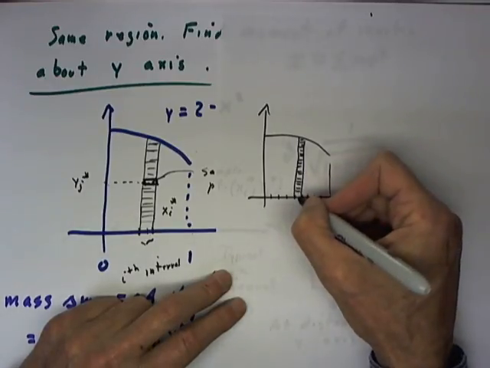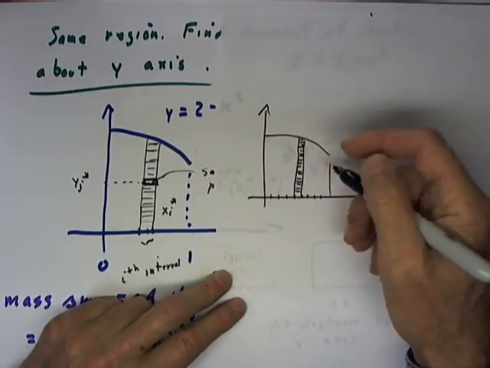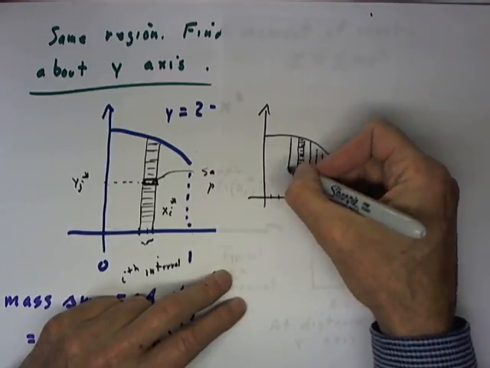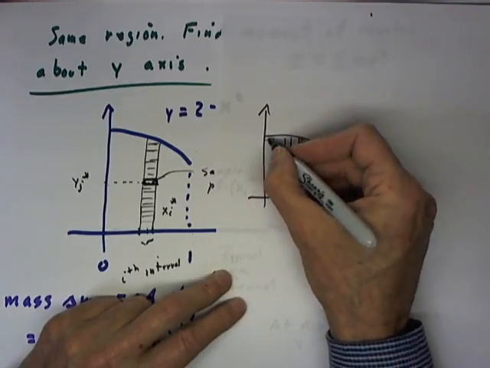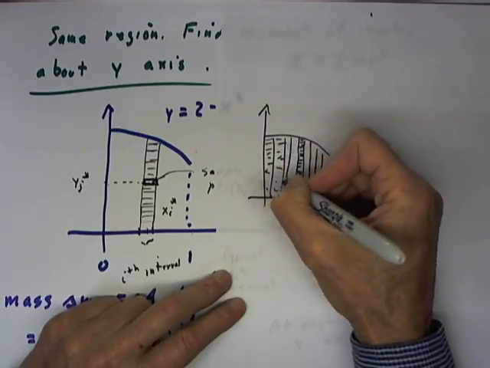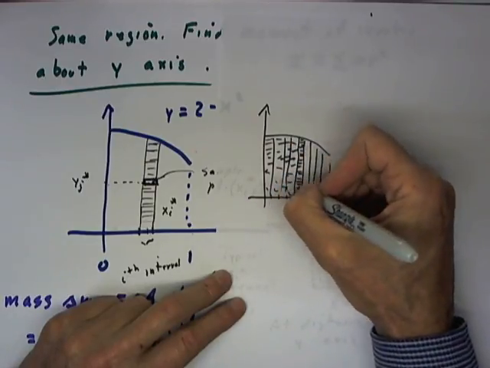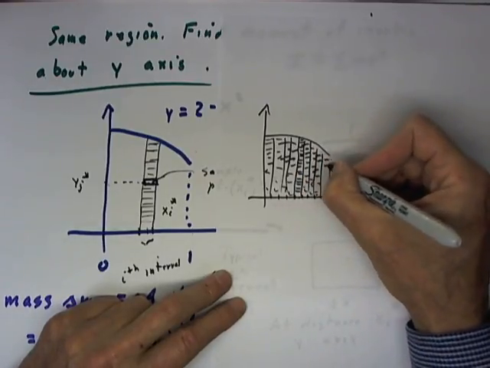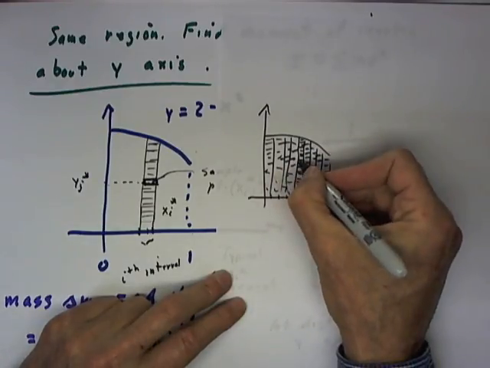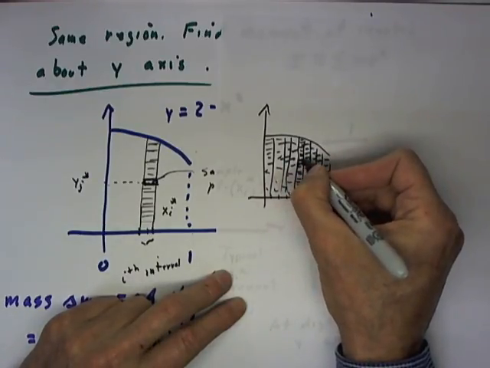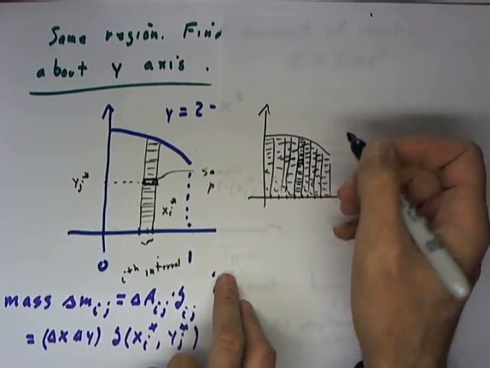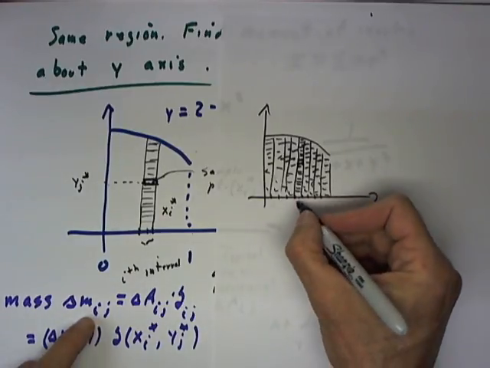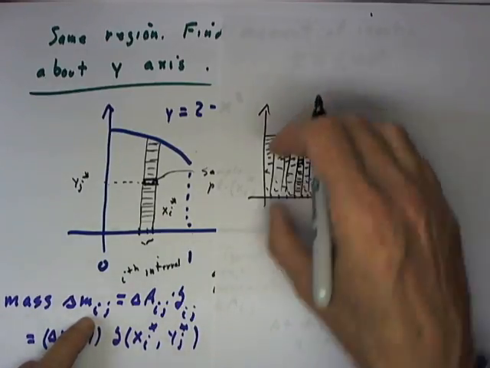Having subdivided one vertical strip, we then sum over all the x intervals, doing the same thing to every one of these strips. And I'm not going to draw all these lines, but you understand that I'm subdividing each strip so that I get a large number of small intervals, all contributing a mass, delta m sub ij, where i is the index of the x interval, j the index of the y interval.